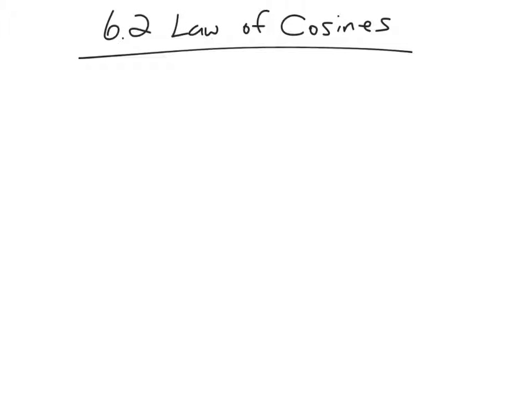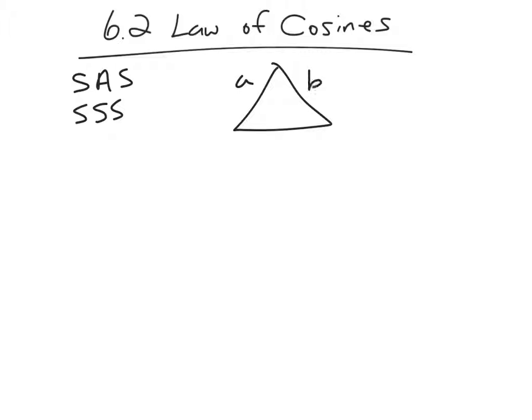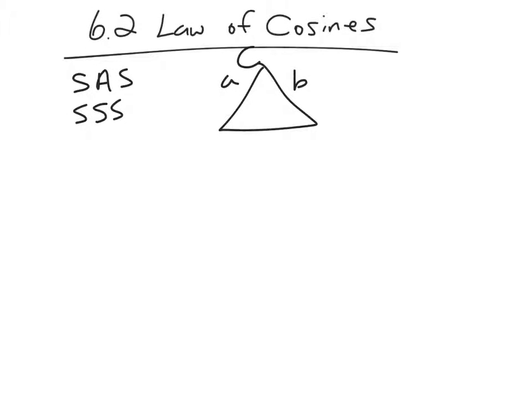And that is going to be scenarios such as, if you remember from geometry, SAS or SSS. In other words, if we have two sides with the angle in between, or all three sides of a triangle. If I have this side and I have the angle in between them, that gives us our SAS scenario.